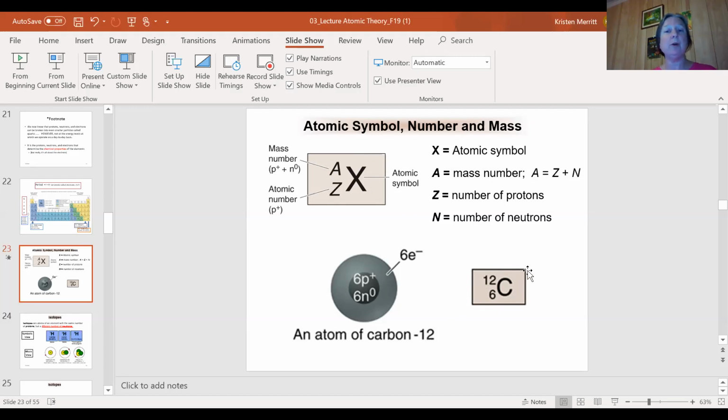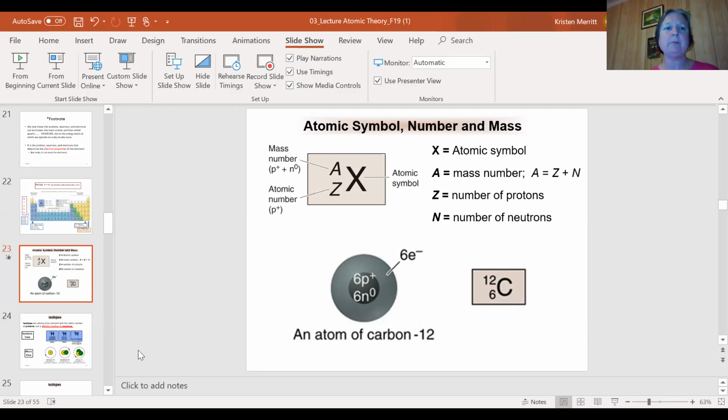Because there's no charge over here, which we'll get to, which would designate an ion, we know that it has the same number of electrons and protons. So this has 6 protons, 6 neutrons, and 6 electrons, and it's carbon. That tells you a tremendous amount of information about this element with this symbol. So know this symbol, know how to decipher each of the components when you're given partial information.